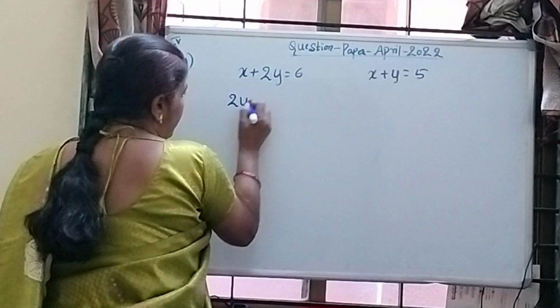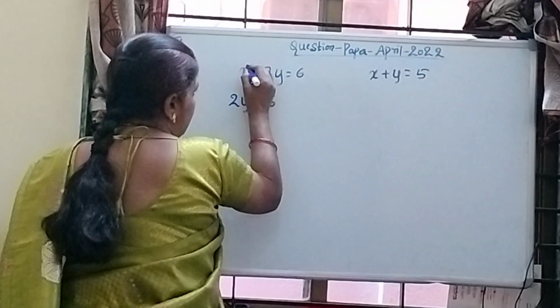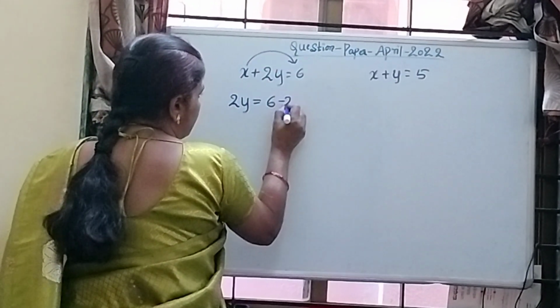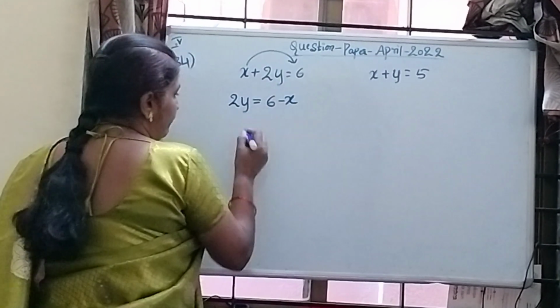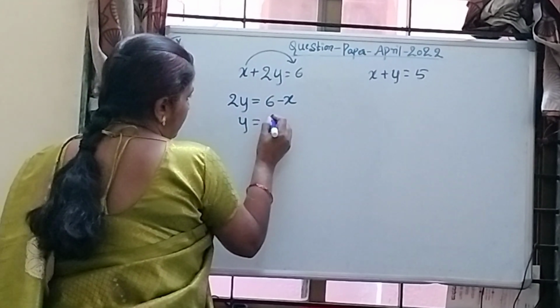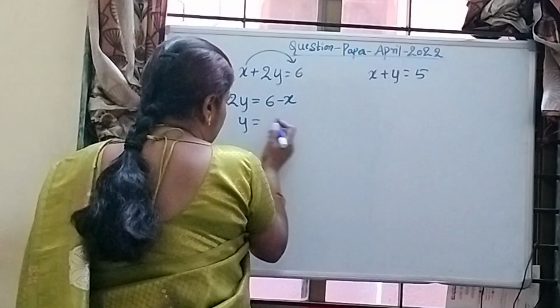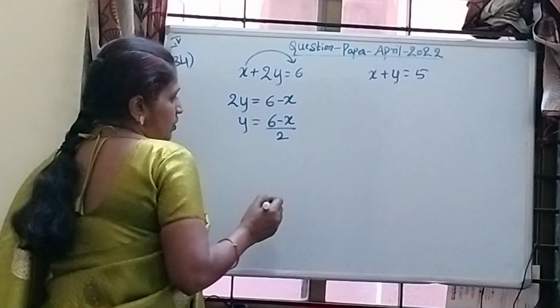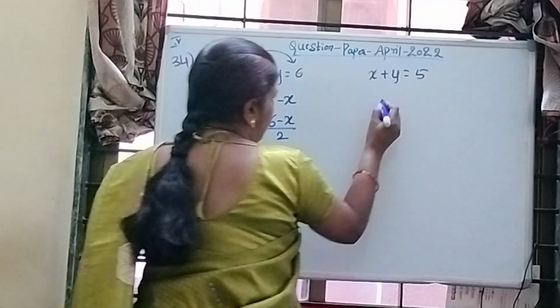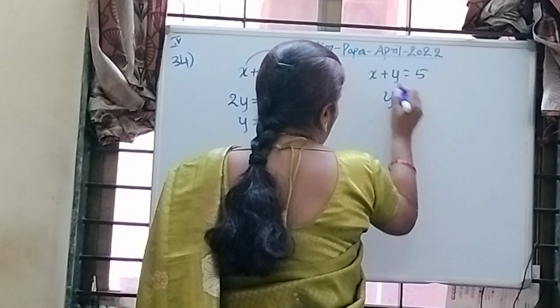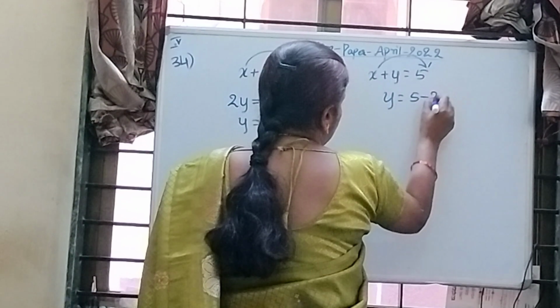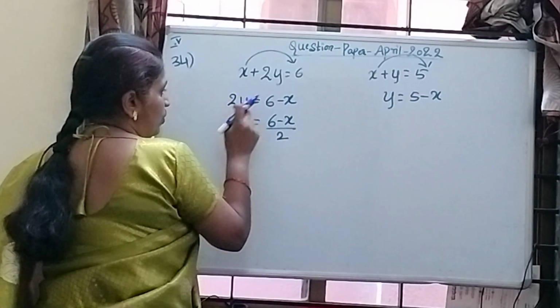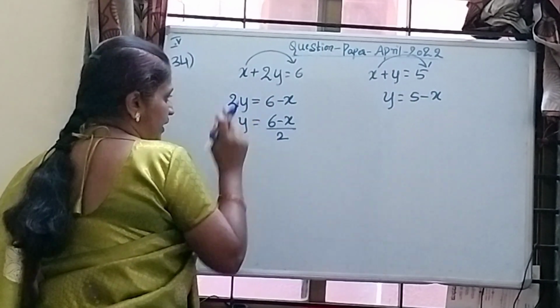So 2y is equal to 6, and if I transpose x, it becomes 6 minus x. We want only y, so for the graph the equation should be y equal to (6 minus x) by 2. And the other equation directly gives y equal to 5 minus x. Here the 2, as it is multiplication, becomes division.